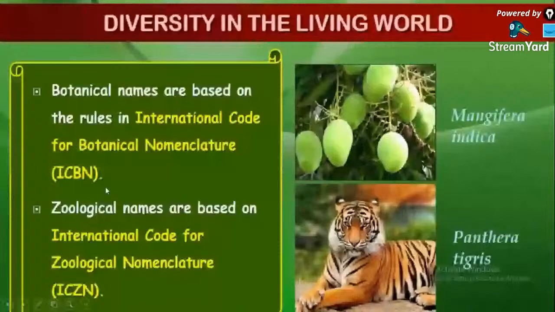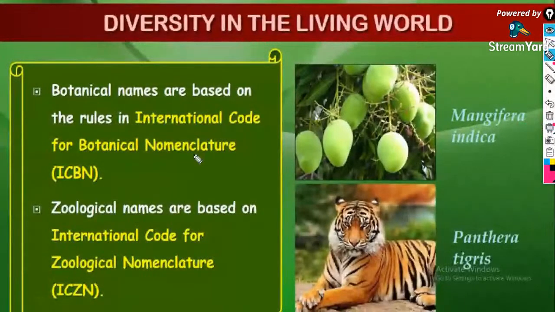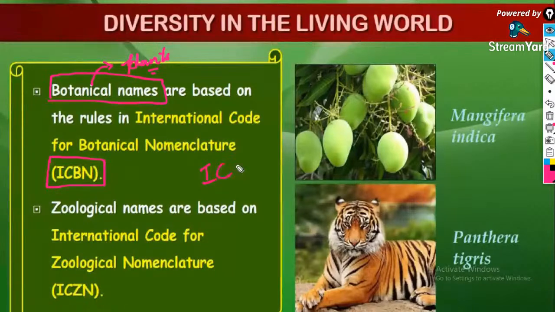Guys, this is a very important one again. The botanical name means related to plants. The names of the plants are given by an organization named ICBN. ICBN is the organization that provides botanical names to plants.